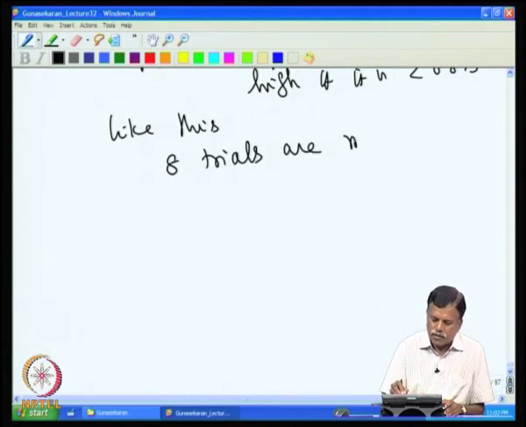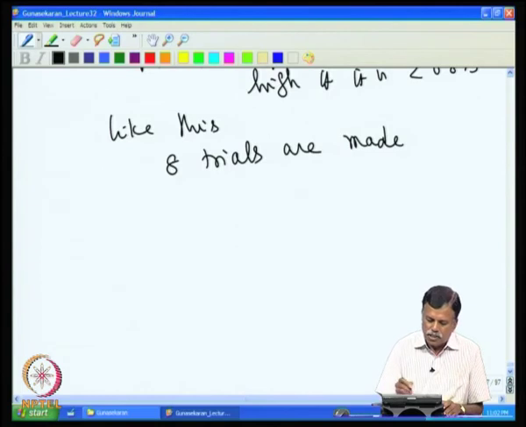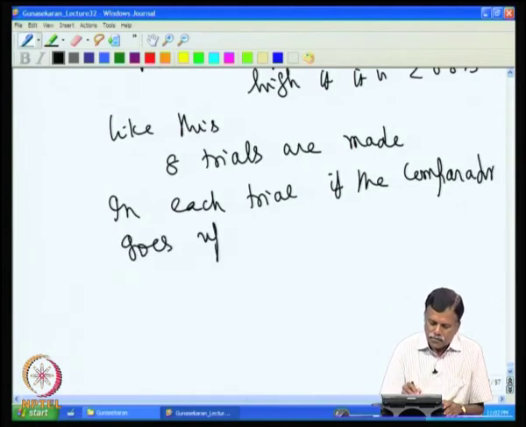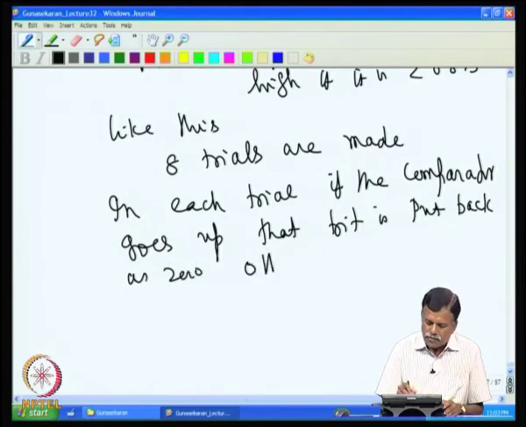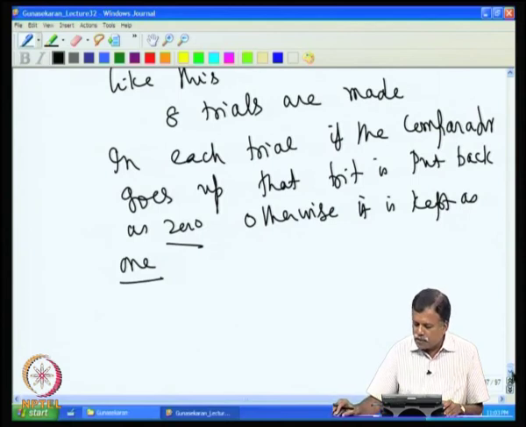In each trial, if the comparator goes up, that bit is put back as 0, otherwise it is kept as 1. At the end of the 8th trial, the converter output is ready.